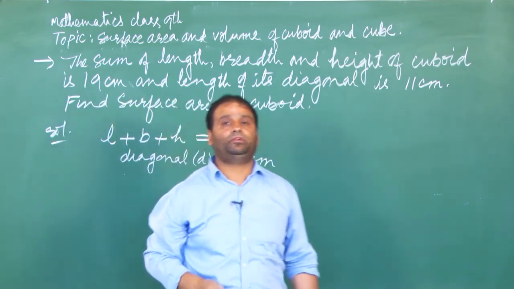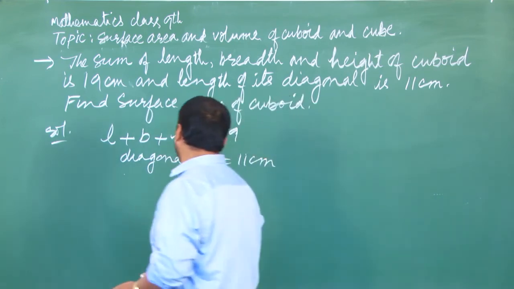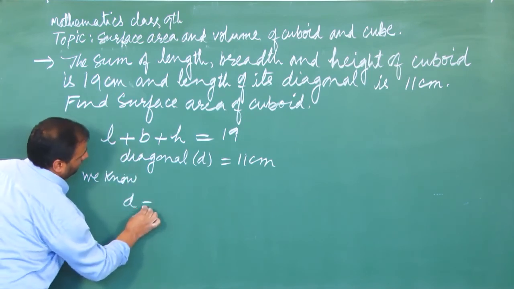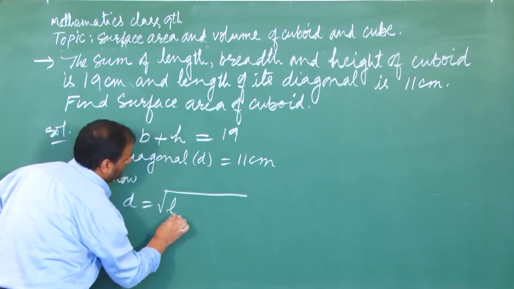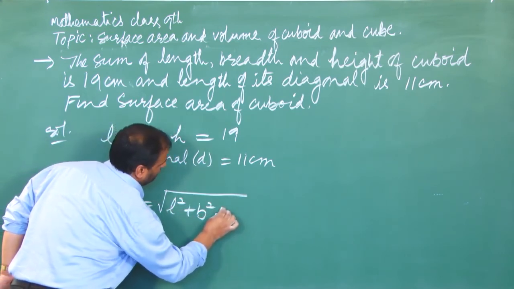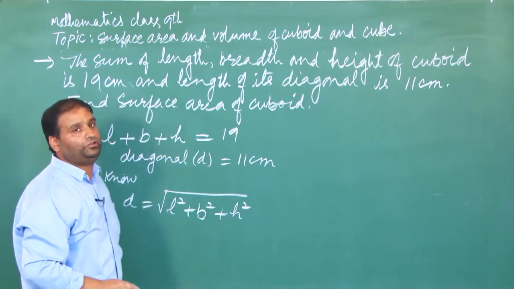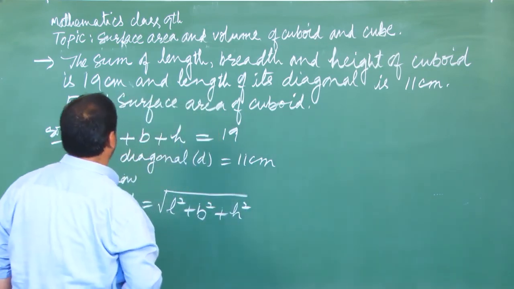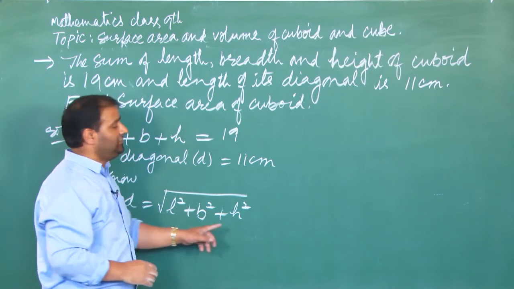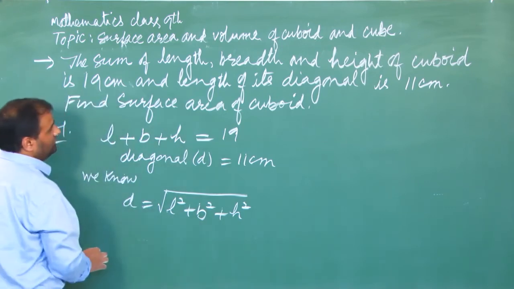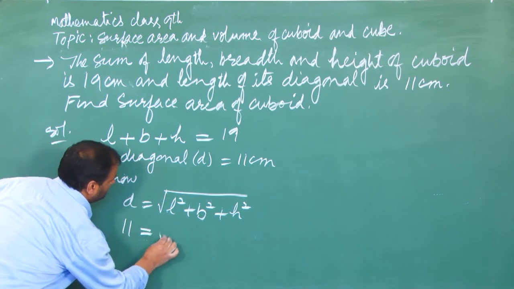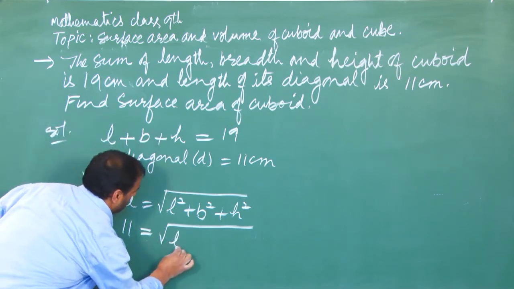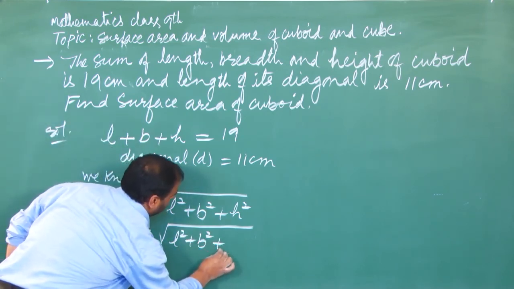Recall, what is the formula for the diagonal of a cuboid? It is D is equal to root of L square plus B square plus H square. This is the formula for the diagonal of a cuboid. It is the square root of the sum of the squares of the length, breadth and height of a cuboid. The diagonal is 11 centimeters, so 11 is equal to the square root of L square plus B square plus H square.